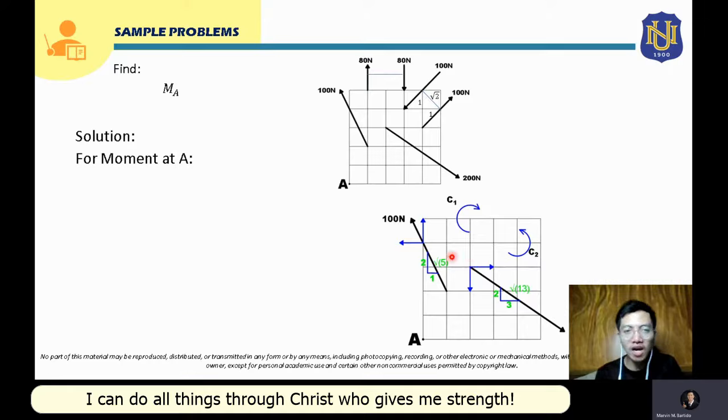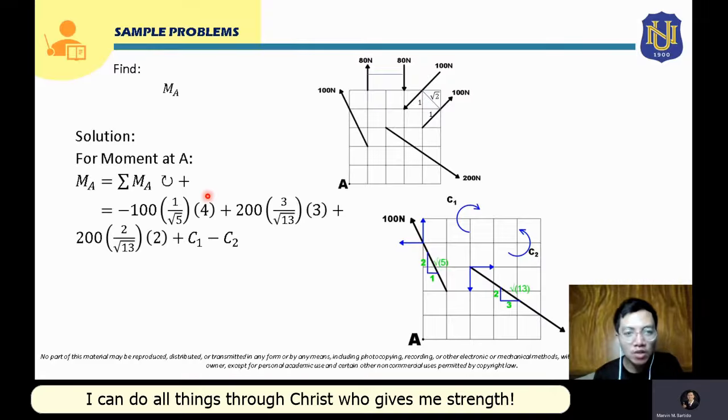Okay, so let's start solving the moment about point A. Again, it will just be the summation of all the moments about point A, and clockwise will be the positive assumption. So let's start with the horizontal component of this 100 Newton force. From the slope triangle, it will have a run of 1 and a rise of 2.